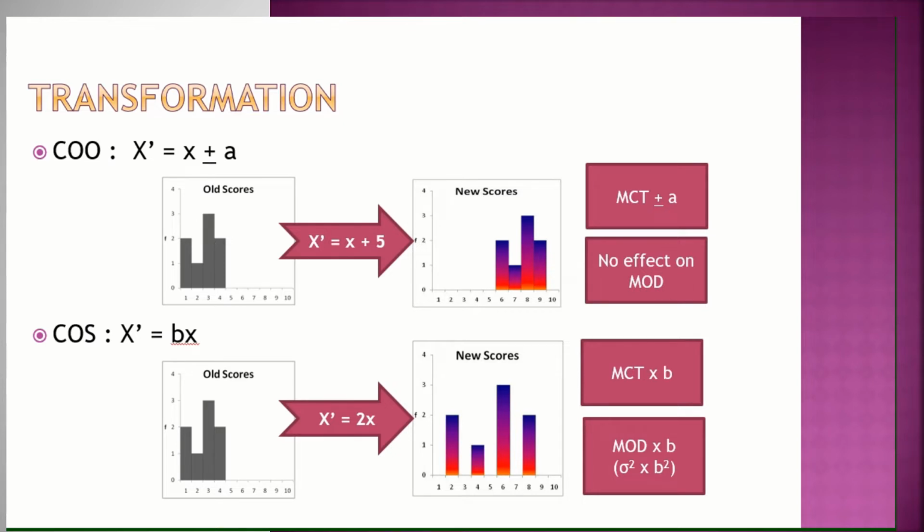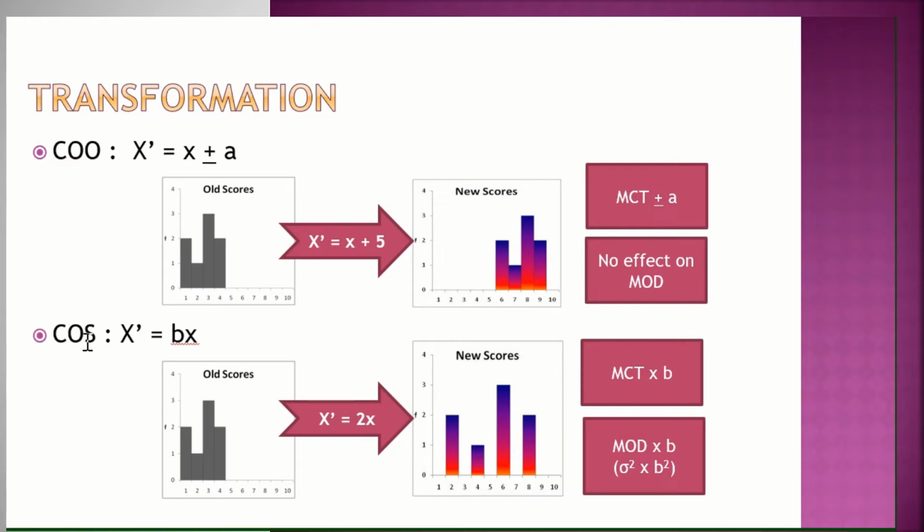Understand? Let me prove it to you. Your original range, 4 minus 1, 3, correct? Your new range, 9 minus 6, it is still 3. Okay, so I need you to remember, change of origin is when you plus or minus something to your data. Only MCT got effect. MOD, no effect.